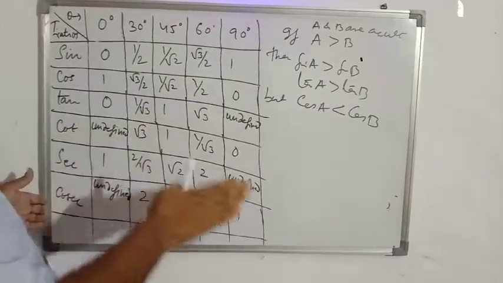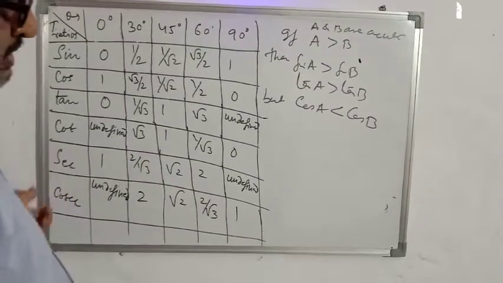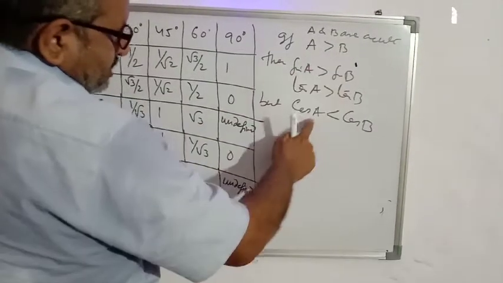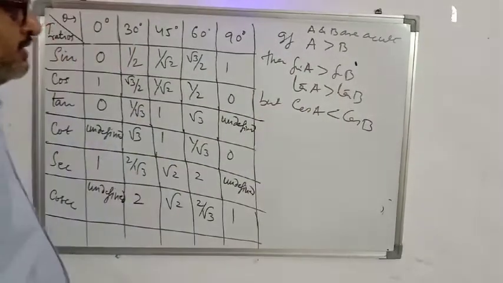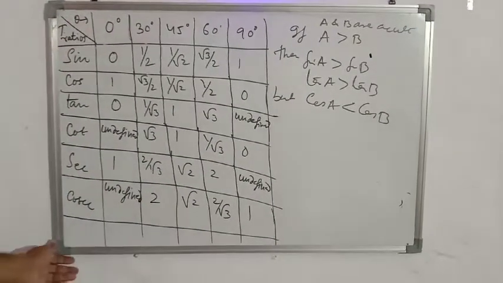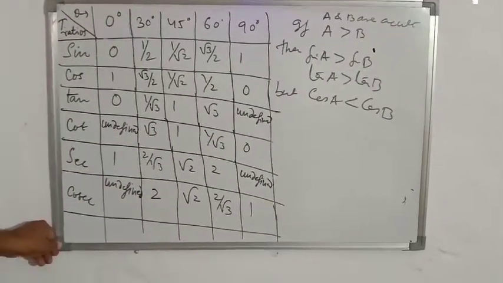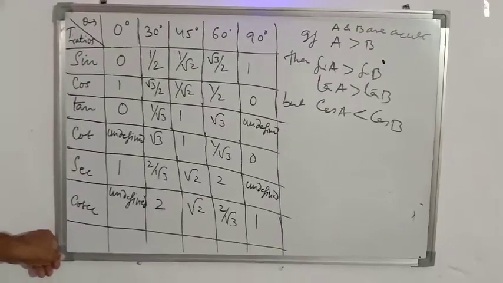So if A is greater than B, cos A will be less than cos B. So this is all about the trigonometrical ratios of some standard angles.